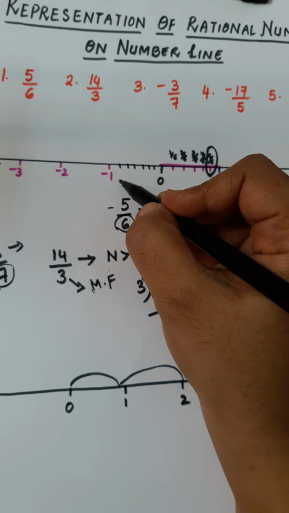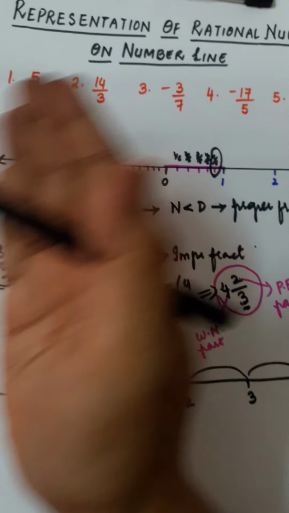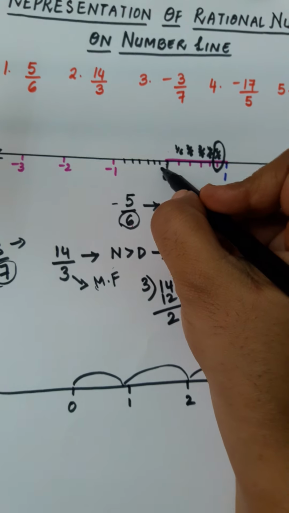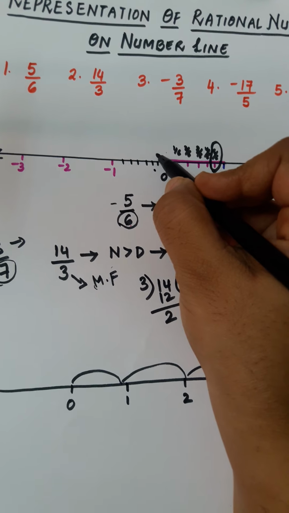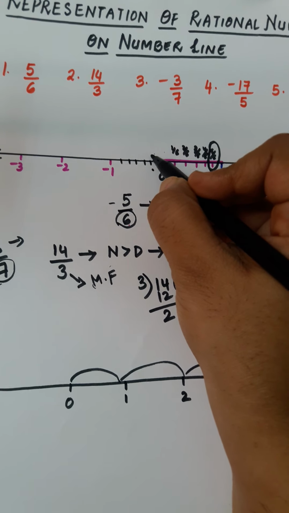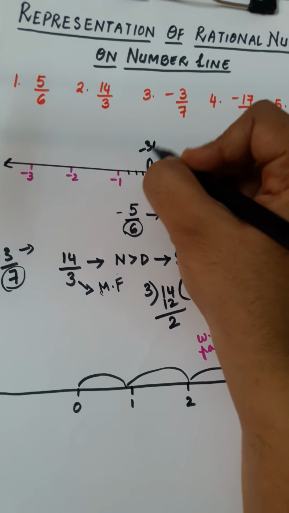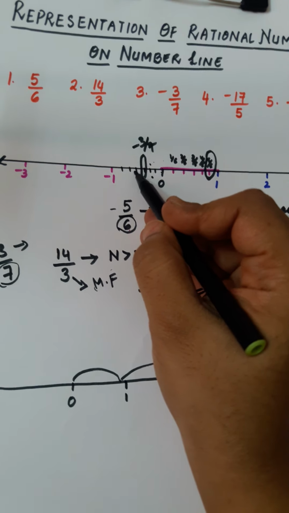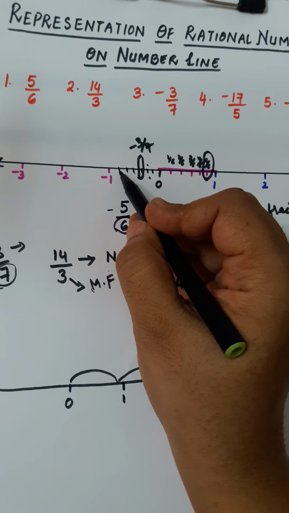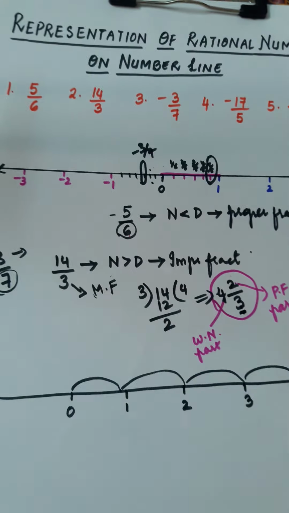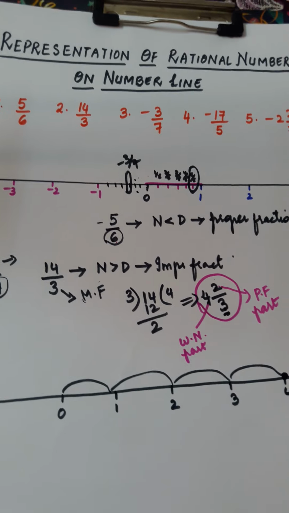From here 1 by 7, 2 by 7? No, from here you are going there. So here this will be minus 1 by 7, minus 2 by 7 and this will be your minus 3 by 7. Then this is minus 4 by 7, minus 5 by 7, minus 6 by 7, like that it will go on. So this is your minus 3 by 7.